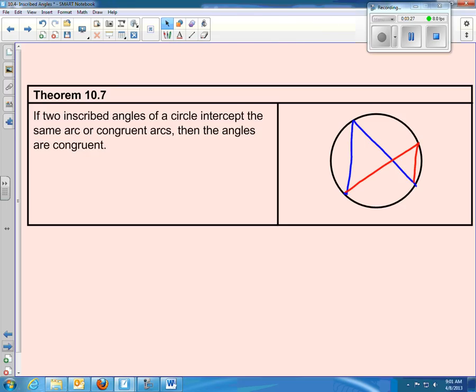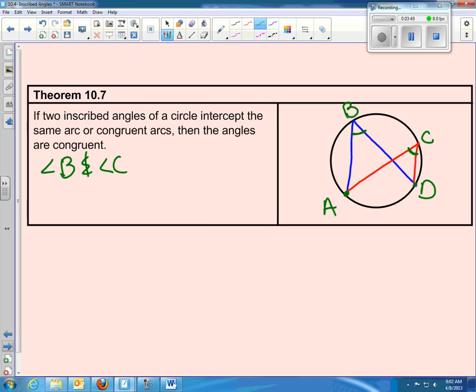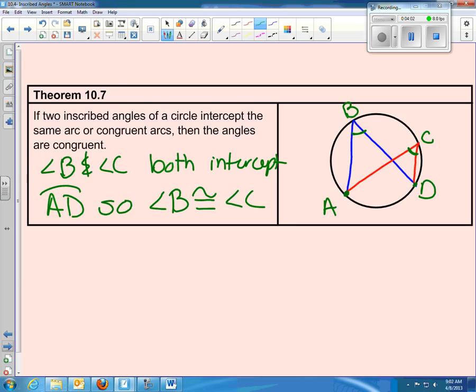They're totally different angles, but notice that they both have the same endpoints, A, B, C, and D. So angle B and angle C both intercept arc AD, and so angle B is congruent to angle C.